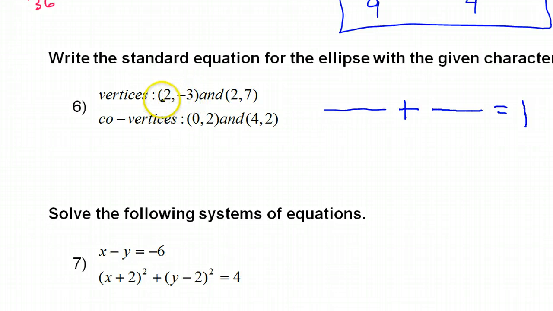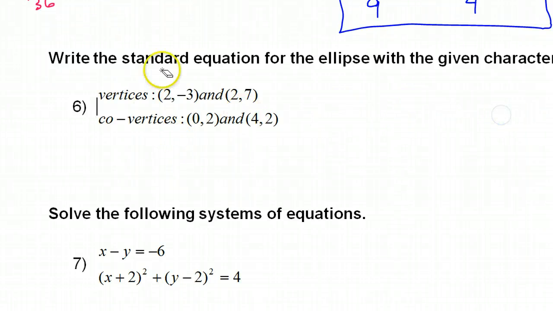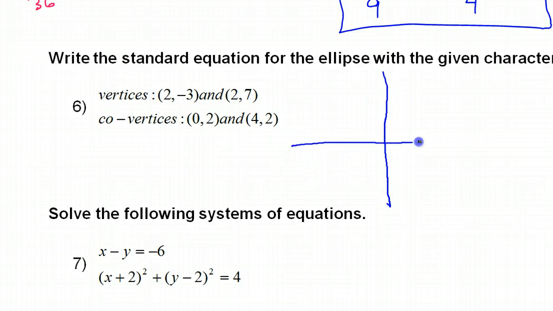So let's see, I've got 2, comma, -3. All right, I'm going to put a little graph. So 2, comma, -3 would be like this.